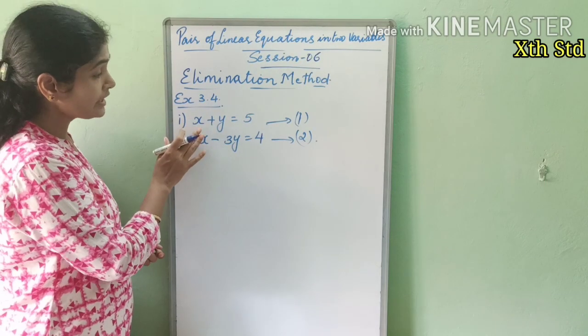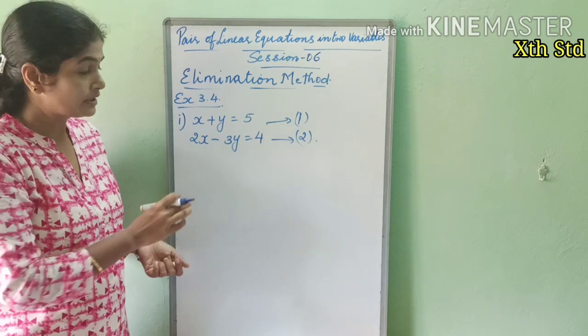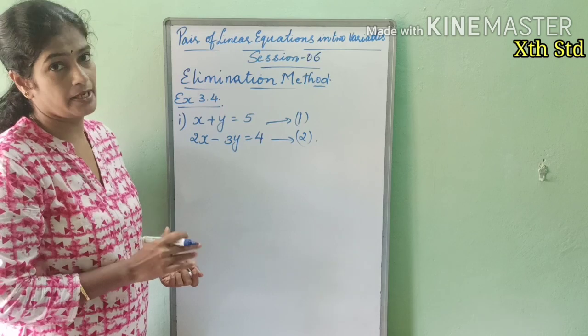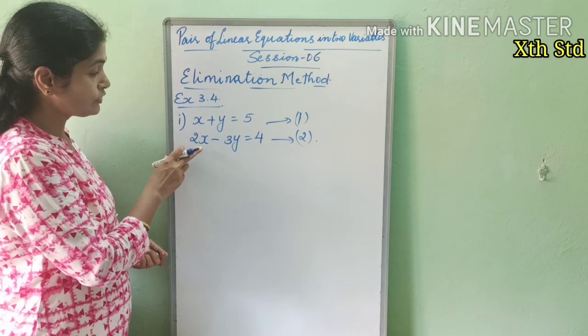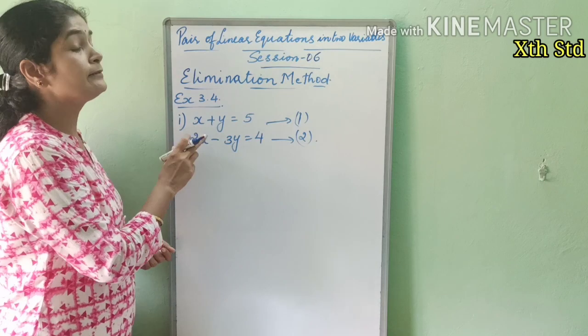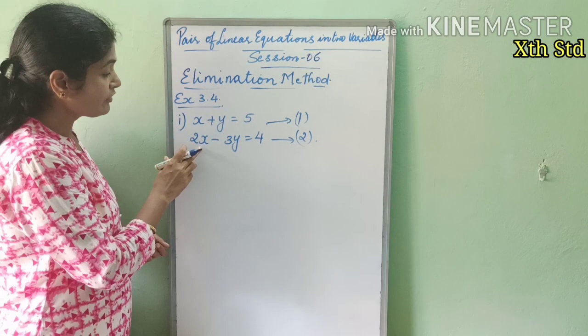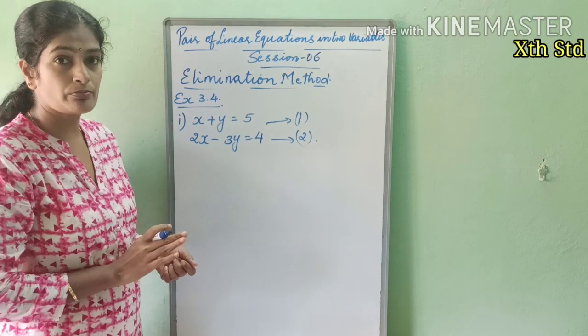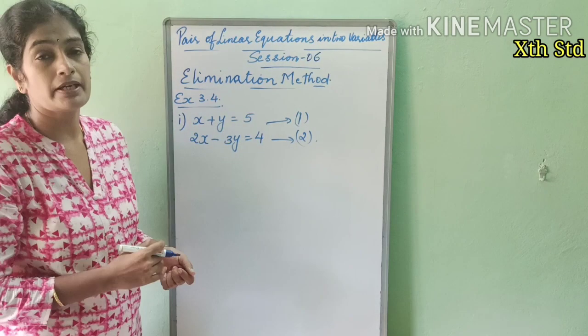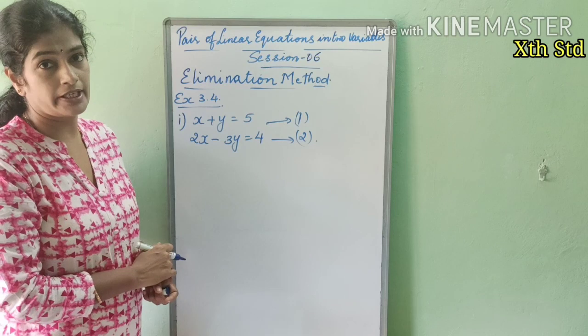By making the coefficients of the variable which you are going to eliminate the same. Suppose we want to eliminate x from both the equations, the coefficient of x needs to be the same. If they are not, we have to multiply by a suitable non-zero real number.